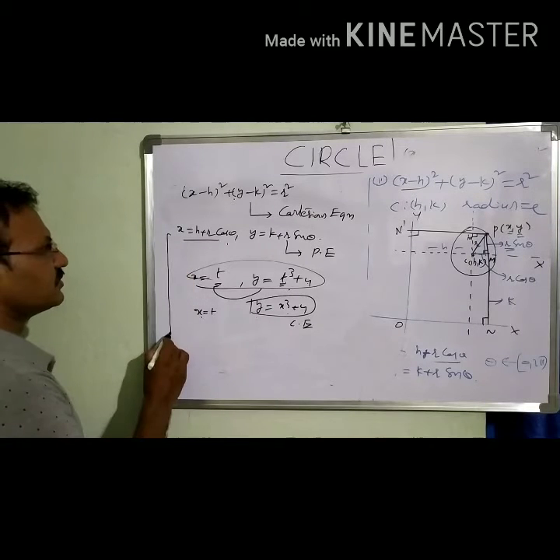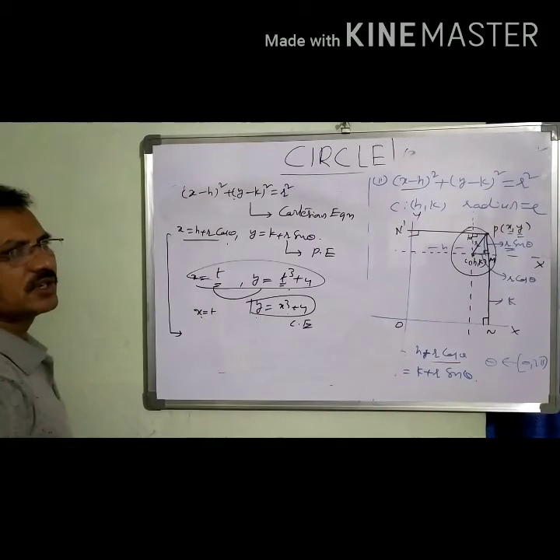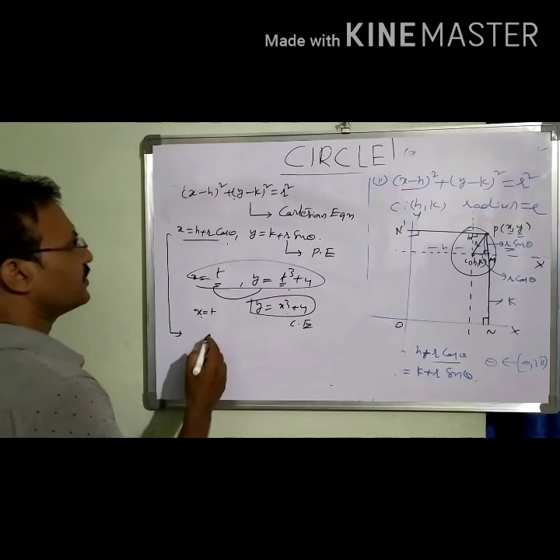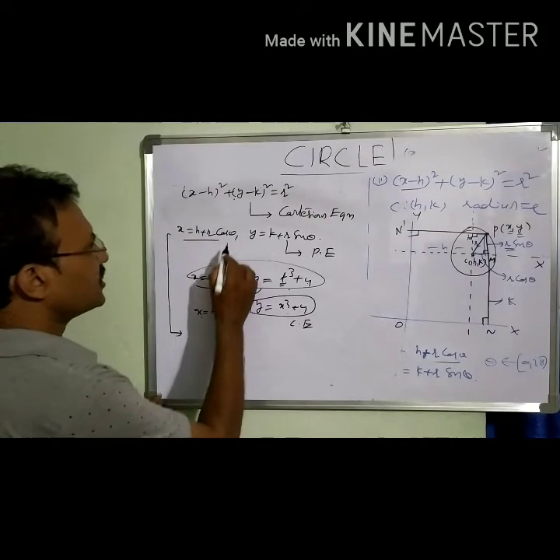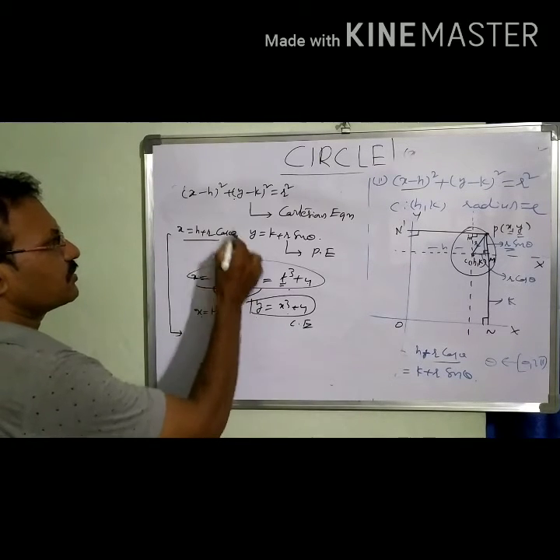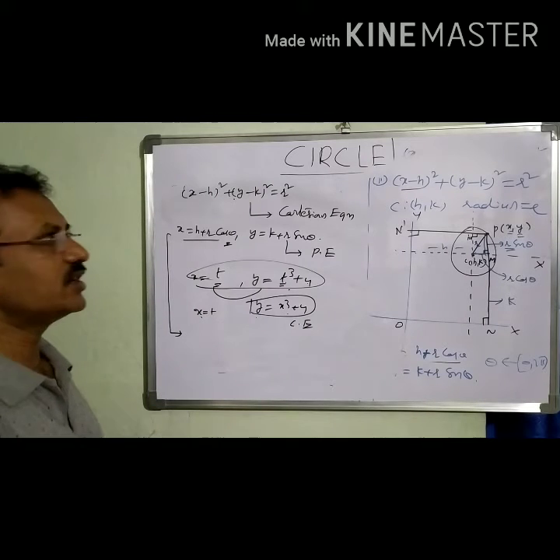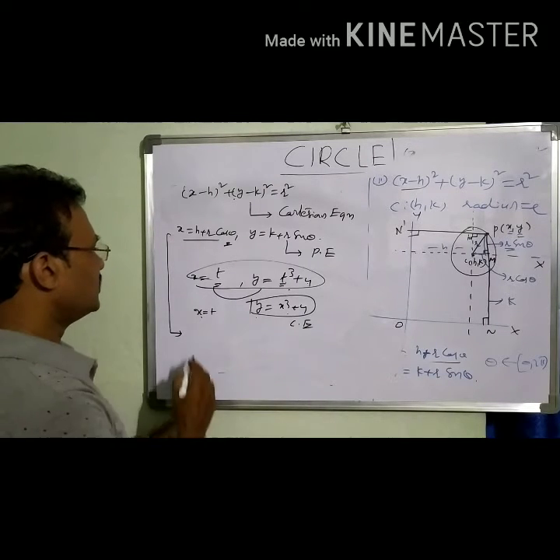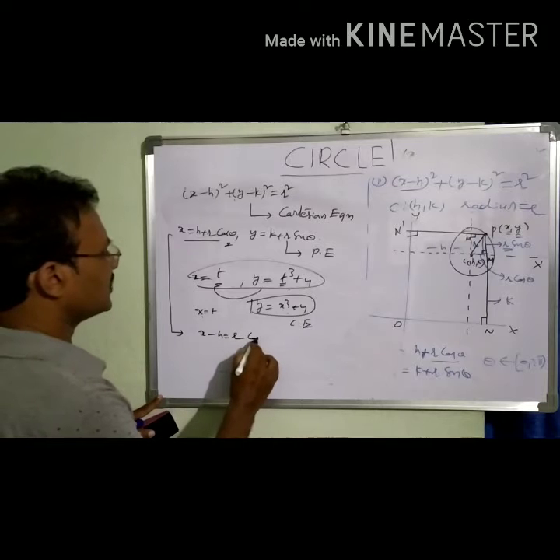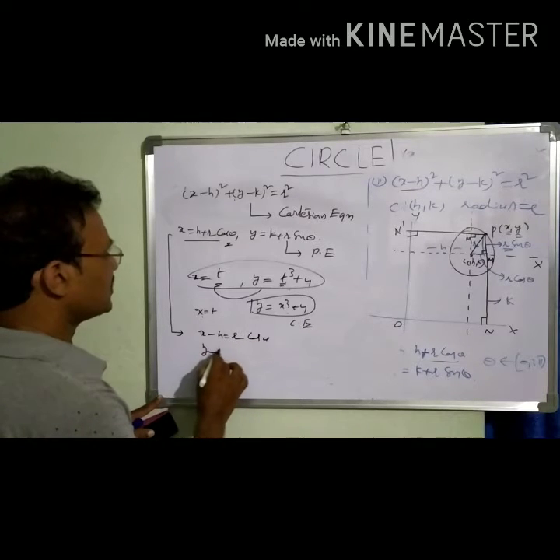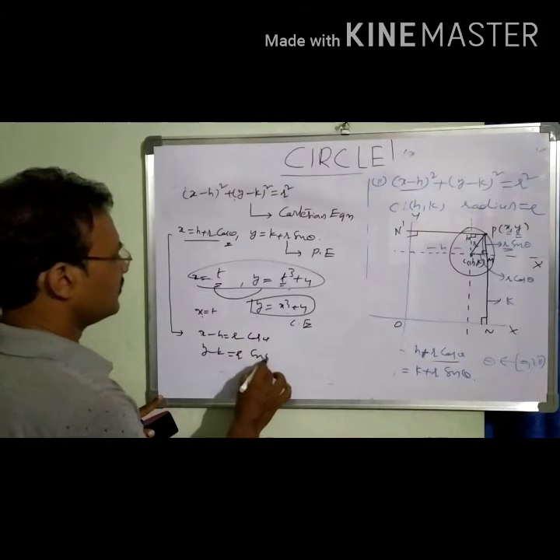Suppose you want to change this parametric equation to an analytical equation, we have to eliminate the parameter. Theta is the parameter. By eliminating the theta parameter, you will get the Cartesian equation. Here, from the second equation, x minus h is equal to r cos theta and y minus k is equal to r sin theta.